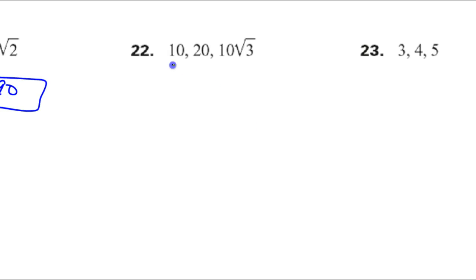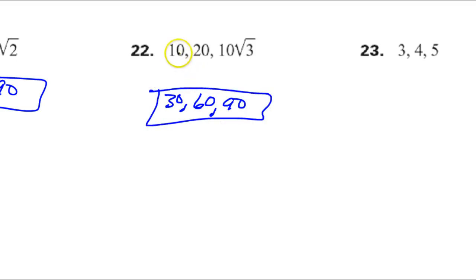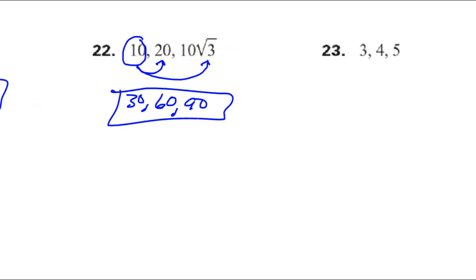Okay, over here, it's looking like a 30-60-90 triangle. Always start with the short leg on these. Short leg, double it, there's your hypotenuse. Take the short leg, put a radical 3 on it, and you've got your long leg. So it fits the pattern.